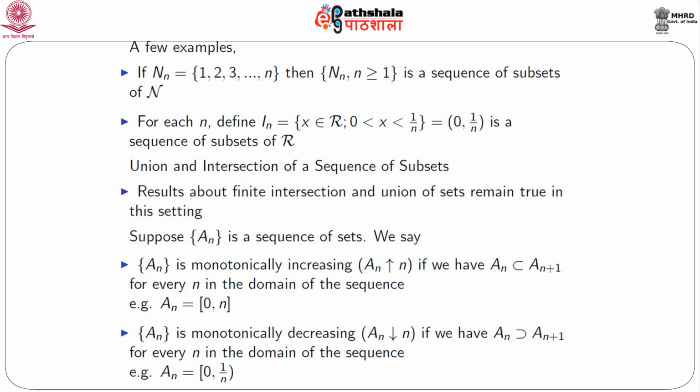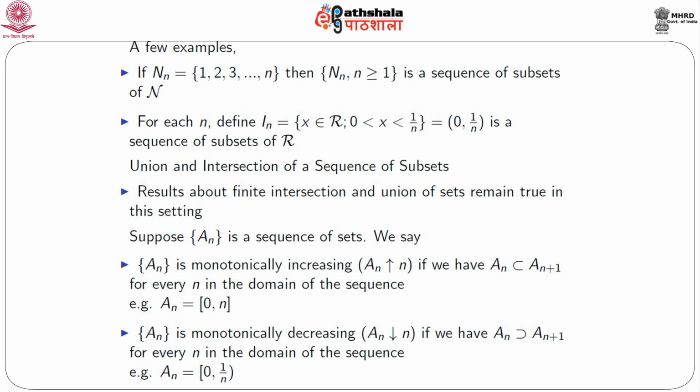Now, what are the algebraic operations that can be done on this sequence of subsets? What will be the unions, what will be the intersections? Results about finite intersection and union of sets remain true in these settings. Whatever we obtained in set theory, those results will remain valid.